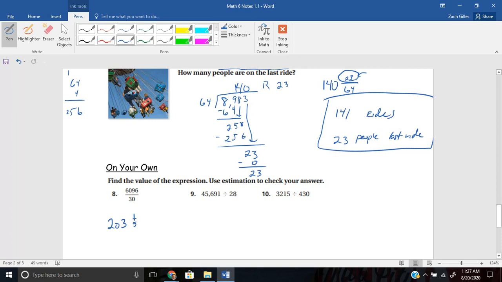Remember, don't write it as remainder 1. Okay, and if you can, simplify. So number 9 should come up with 1,631 and 23 28ths. And number 10, we have 7 and 41 86ths.